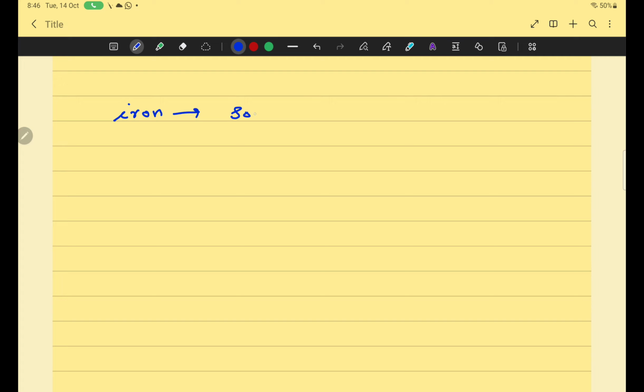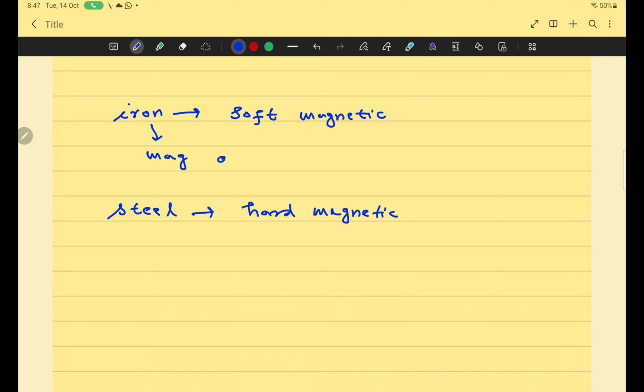Sir, iron is a soft magnetic material. Steel is a hard magnetic material. Iron magnetizes and demagnetizes very quickly, with no time delay.